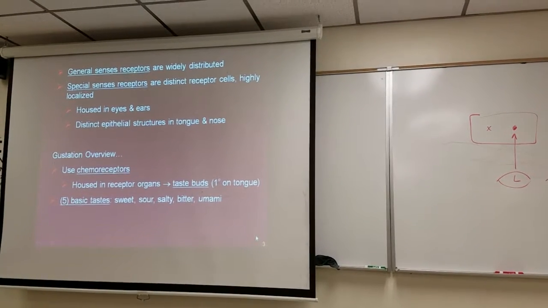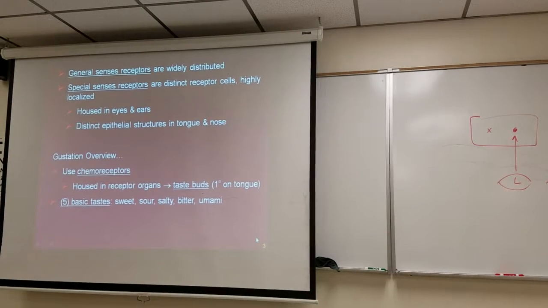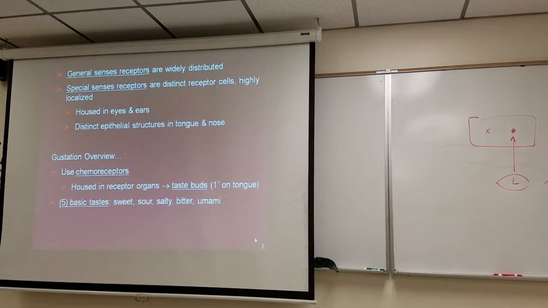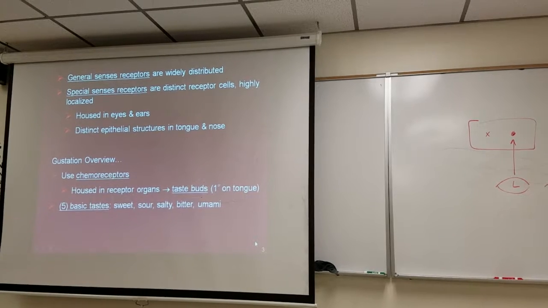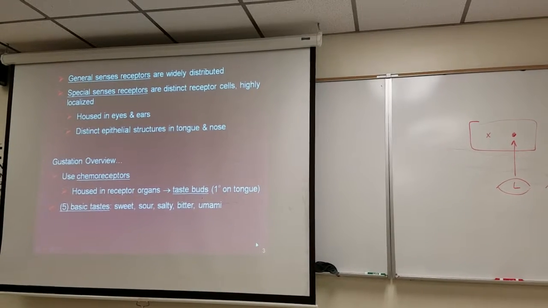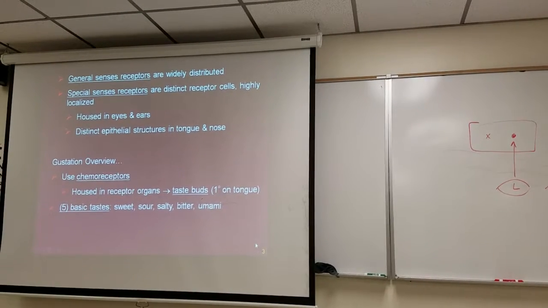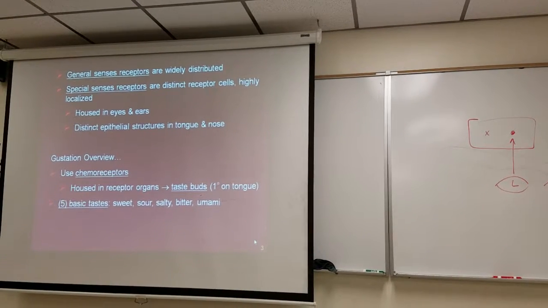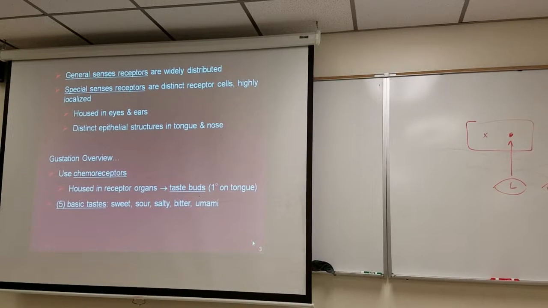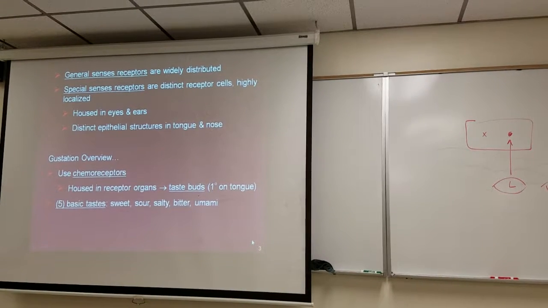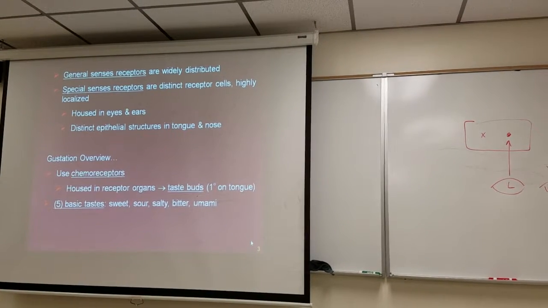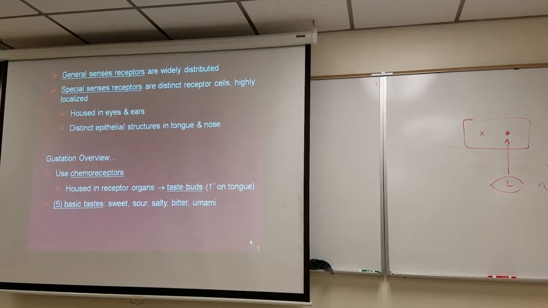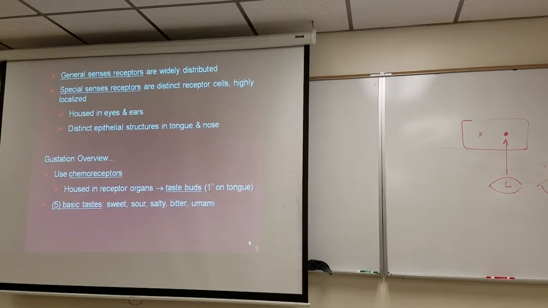As far as receptor type, we're dealing with chemoreceptors, and that's true for taste and smell. So transduction isn't that difficult to understand. It's very similar to mechanoreceptors. Instead of distorting the membrane to open a mechanically gated ion channel, now we just use a chemical that binds to essentially a ligand-gated or chemically gated channel.